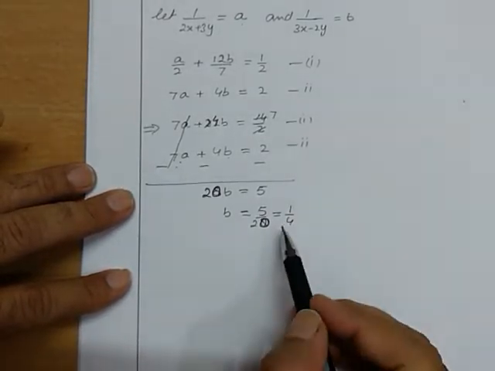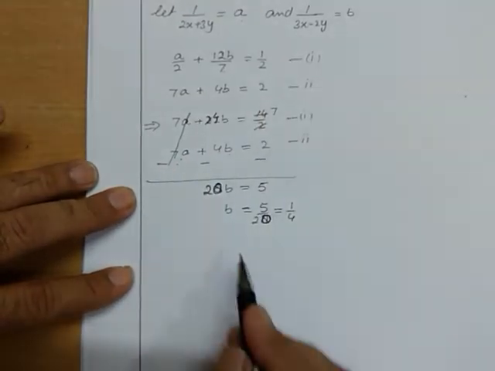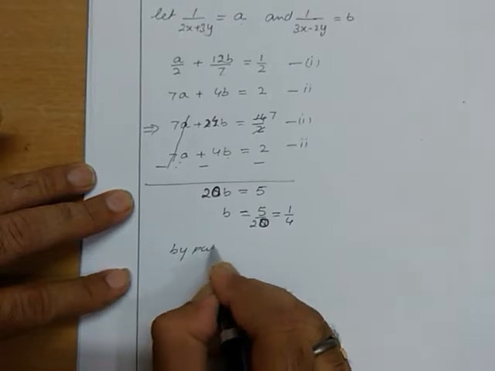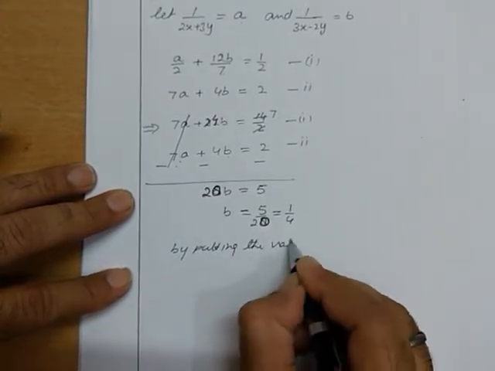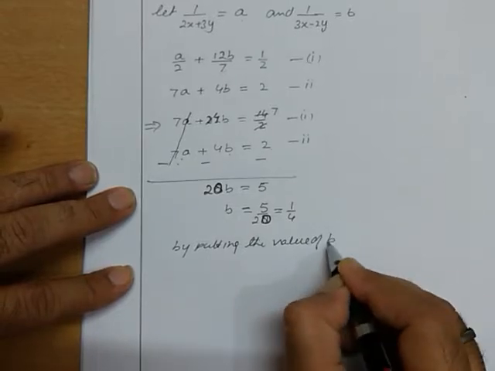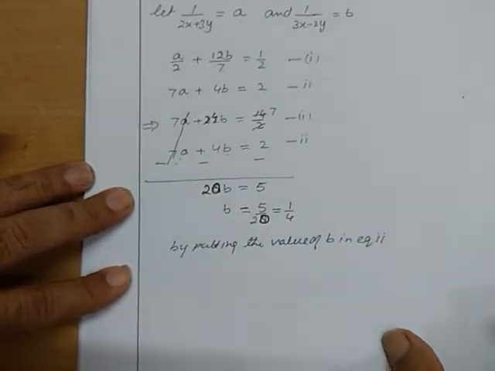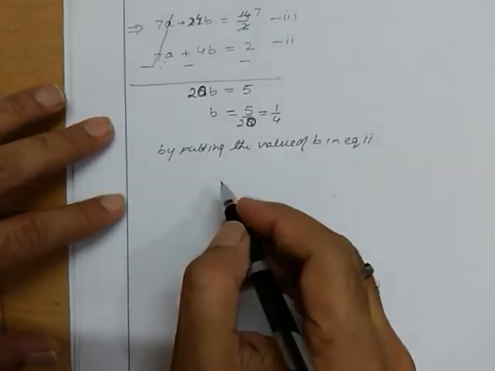So we can place this value of b in the second equation to obtain the value of a. So by putting the value of b in equation 2. These statements are very important, okay, that wherever it is required you will need to place it.